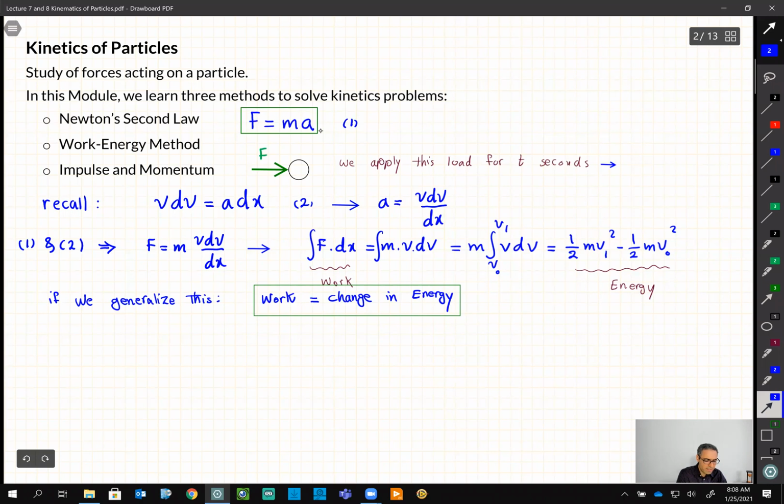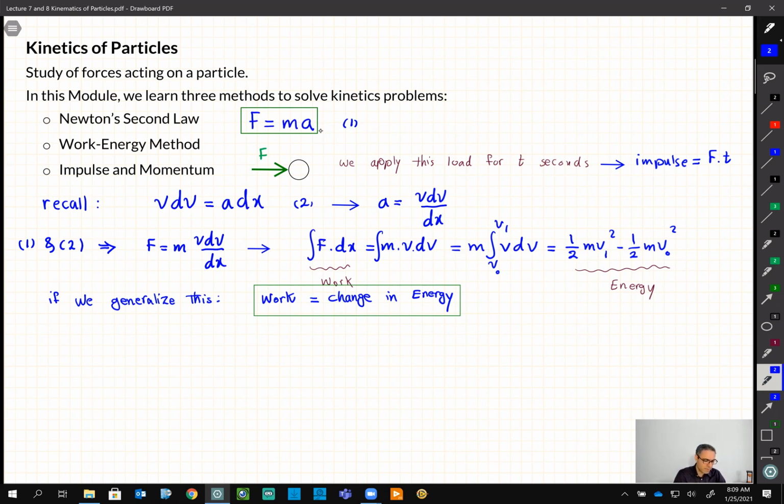So what do we get? There is a new concept which we call impulse, whose definition is force multiplied by time. So if somebody is asking you, it is force multiplied by time. If you apply the force for 10 seconds, you get an impulse.